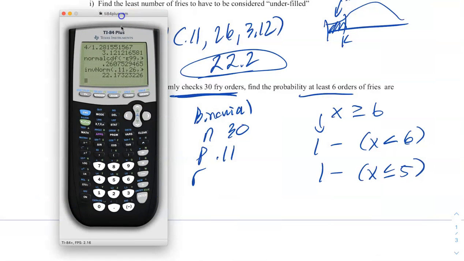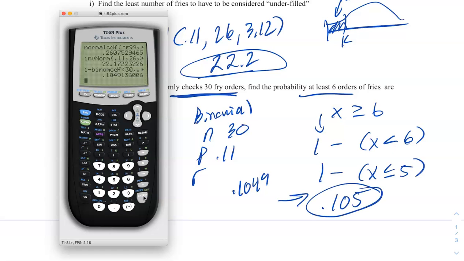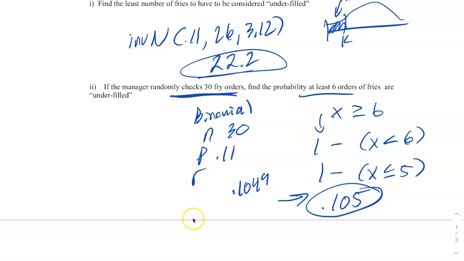Again, I always like to write it first so I don't forget it. 1 minus second distribution binomial CDF, and I have 30, I have 11%, and I have 5. I get about 0.1049 or 0.105. So about a 10% chance that at least 6 fries will be underfilled. And that's the quiz, self-quiz.